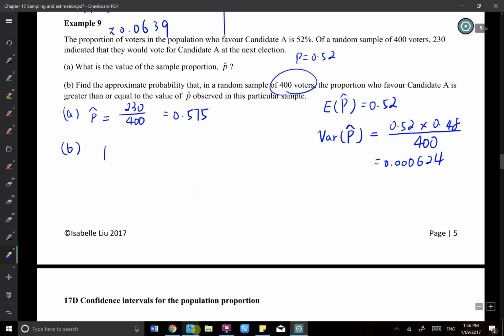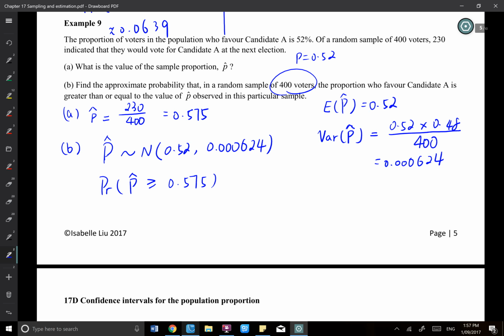Capital P hat is approximately normally distributed with mean 0.52 and variance 0.000624. I want to find the probability that p hat is greater than or equal to the observed one, 0.575.